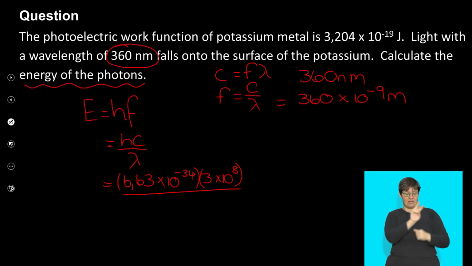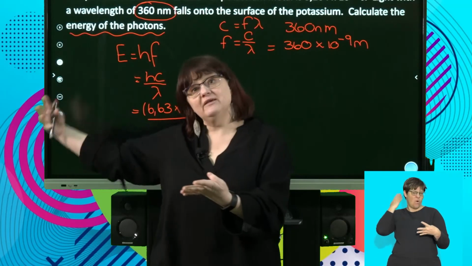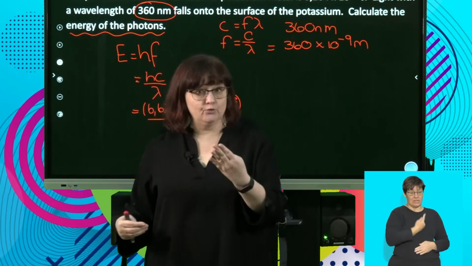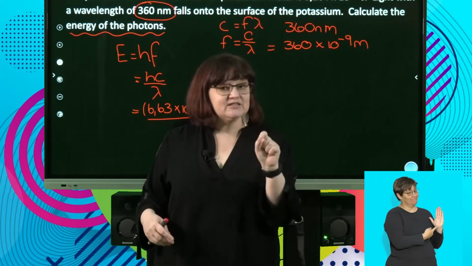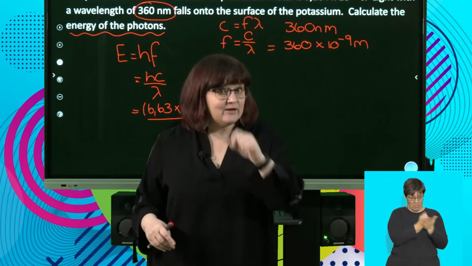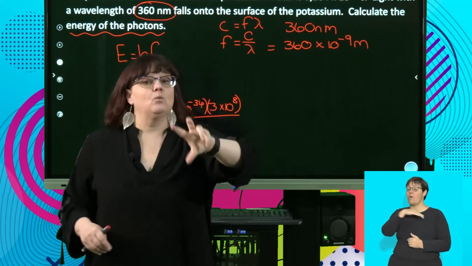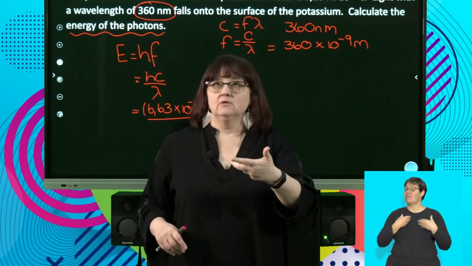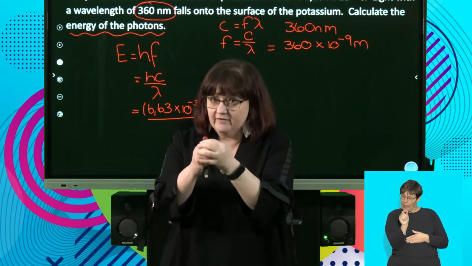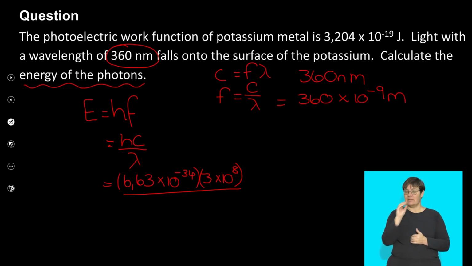You're going to have learned the conversions between micro, nano, pico, and milli in previous sections. You must know them, okay? This is not given to you, not at all. And in this section, our wavelengths are often given to us in nanometers, very, very small wavelengths. That means over here, I've got to go 360 times 10 to the minus 9.